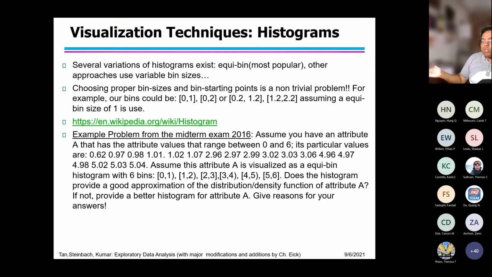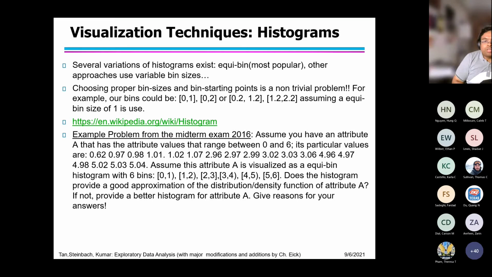So equal binning is good as a first pass, but in general, don't rely overmuch on equal binning. Explore the data set first, and then reconstruct your bins so that you're more easily able to bring out whatever stands out in the data set to you.